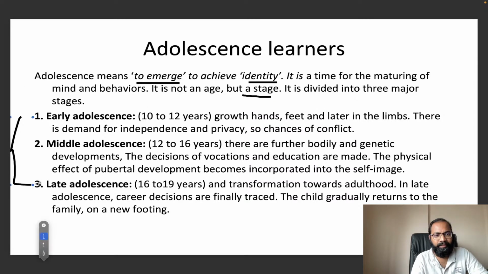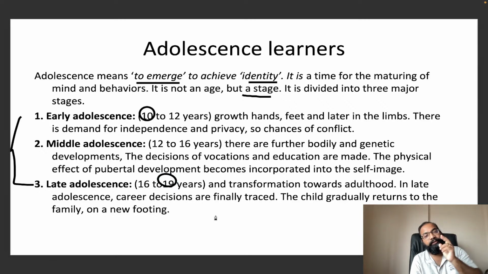So what are the three different stages? Early adolescence, middle adolescence, and late adolescence. Anyhow, this adolescence period starts from 10 years of age and goes up to 19 years of age. Okay. And once the teenage is completed, from 20 onwards, usually we call them adult learners.